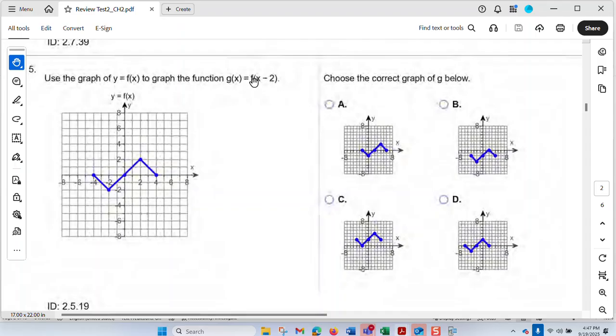This is inside the parenthesis, so that means g of x is f of x moving in the x direction. So minus 2 actually is moving to the right for 2 units. Okay, f of x minus 2 is moving to the right for 2 units.